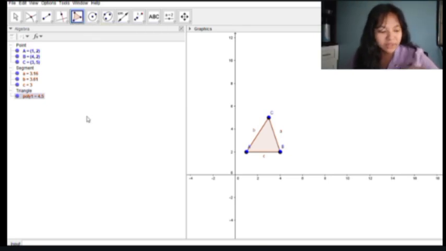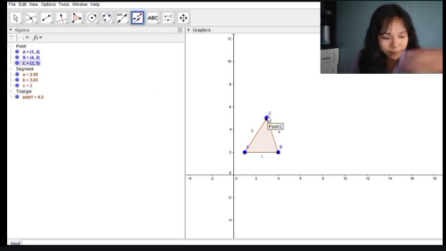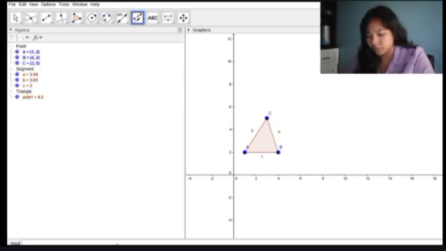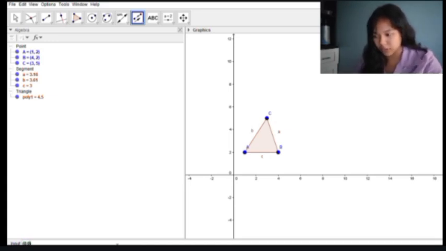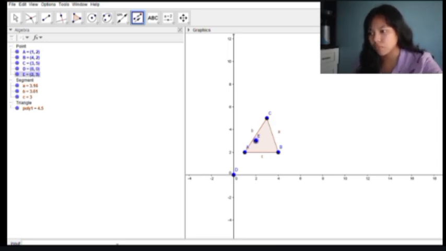And then by the vector of point P, so translate by vector point P, which is (0, 0). So this translated to this.